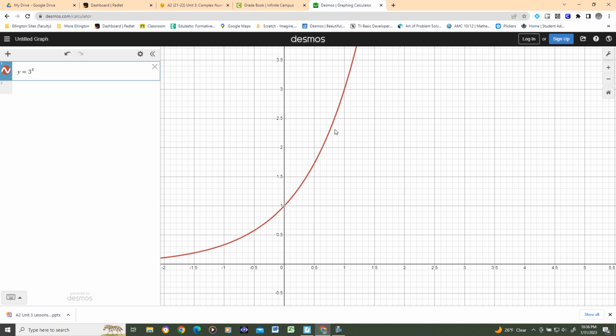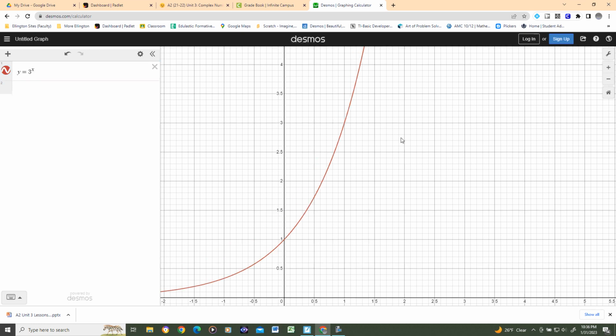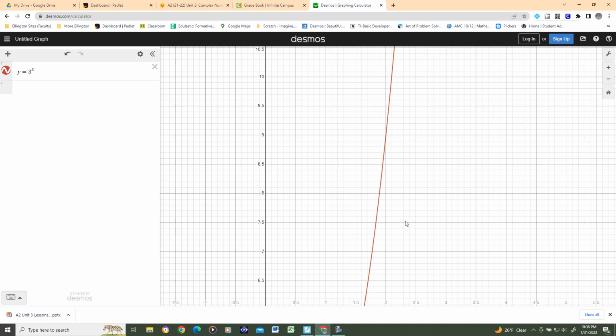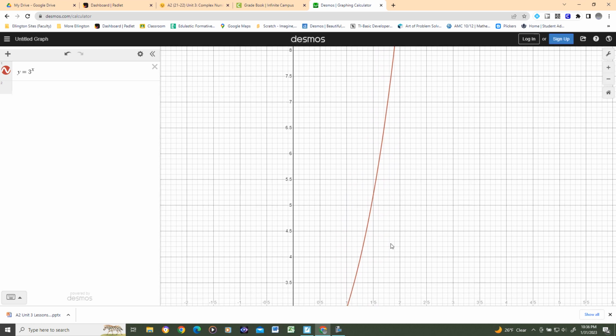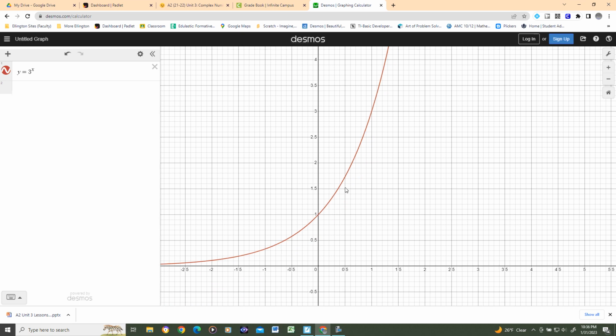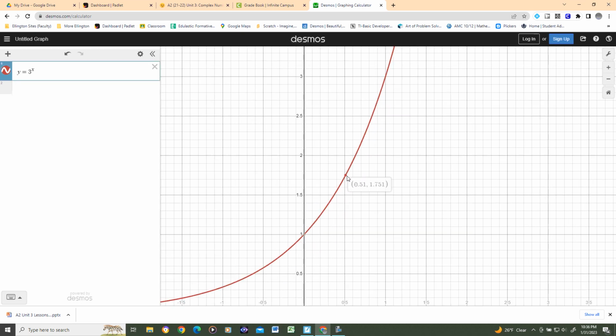Now we know that 3 to the first is going to be 3, and if we scroll up here, yes, 3 squared is 9. We know all that. But what about the half? We get, oh, it's a decimal this time, 1.732.